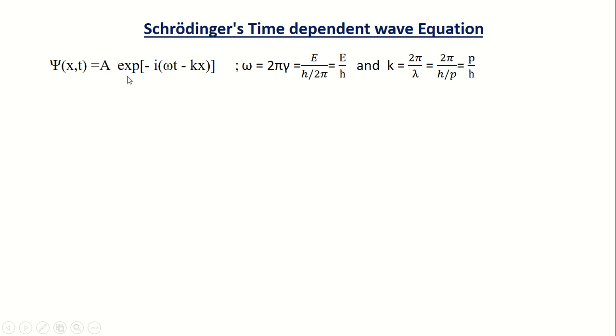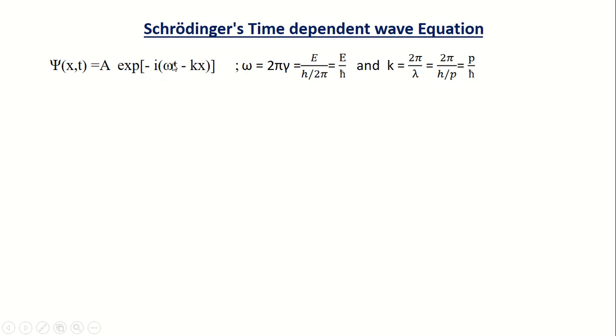We are using the exponential term because we want a general waveform, and therefore instead of sine and cos we are using exponential. We know that this wave function psi is a complex quantity and therefore we have used this i. So a into exponential of minus i omega t minus kx.